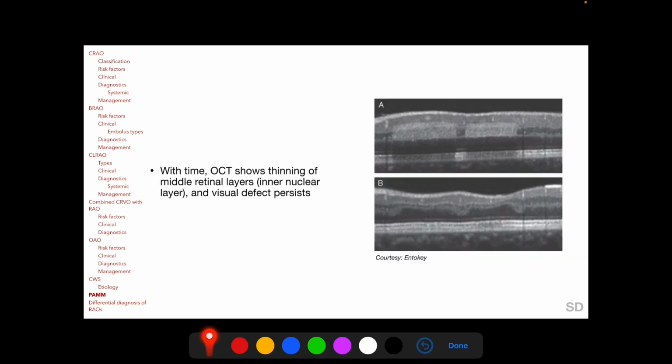be detected. After an episode of PAMM, as seen here in this OCT image, thinning of the affected areas of the middle retinal layers occurs over time, and visual defect persists.